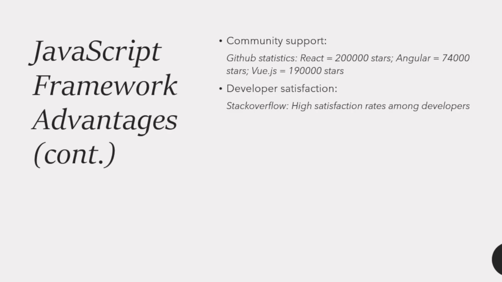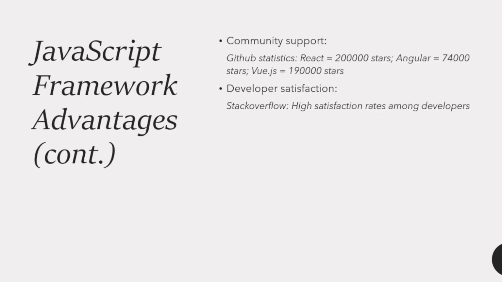In my opinion, most notable, community support behind frameworks. GitHub statistics shows a thriving community around major JavaScript frameworks like the ones we mentioned, Angular, Vue.js, React. There's numerous contributors and constant updates. For example, React has over 200,000 stars, Angular has over 74,000 stars, and Vue.js has over 190,000 stars.